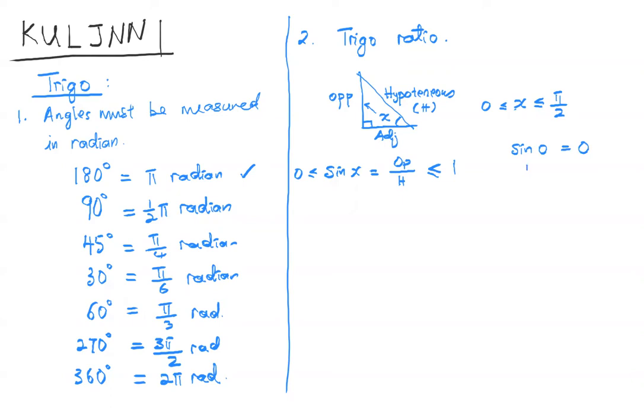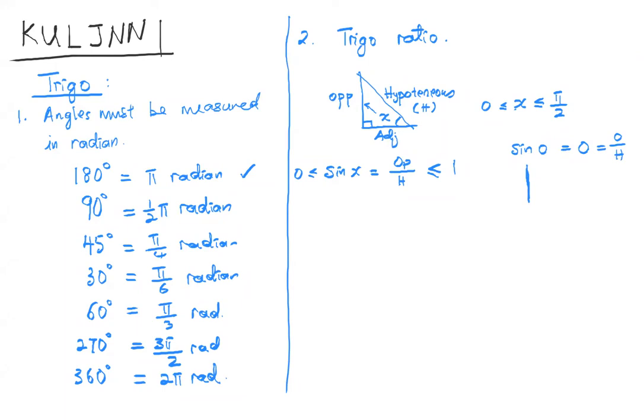That means how is the situation? It's a straight line, vertical straight line like that. So the angle is 0. So the opposite is 0, hypotenuse is 1. Opposite is 0 over the hypotenuse. That's why sin 0 is 0.